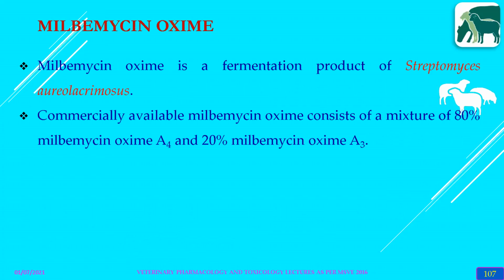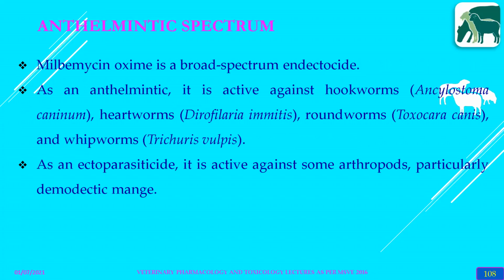Milbemycin oxime is derived from Streptomyces hygroscopicus. It is commercially available as milbemycin oxime, which consists of 80% milbemycin oxime A4 and 20% A3. The anthelmintic spectrum is very broad; these are broad-spectrum endectocides.